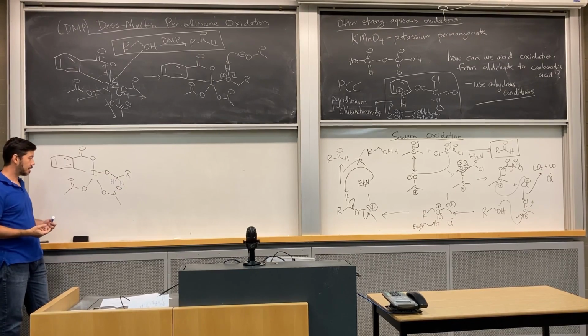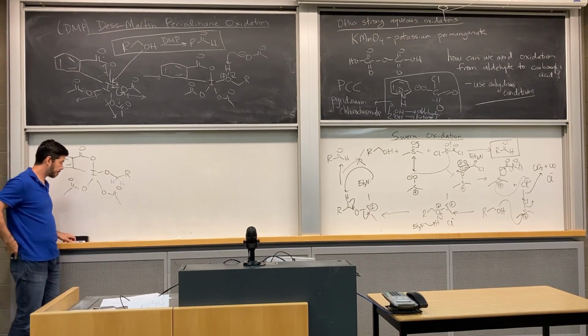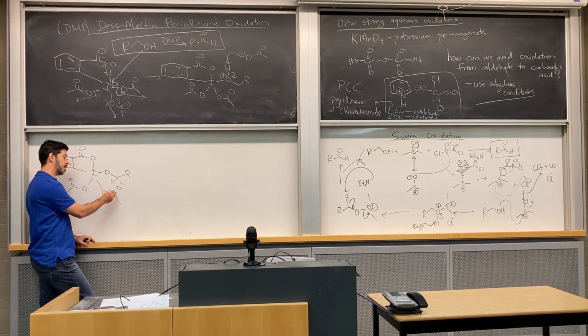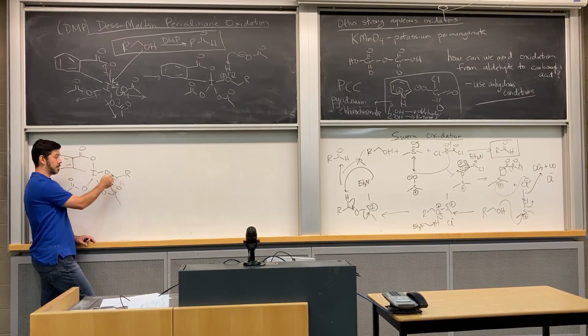Basically, what you can think of is that you have this double bond here, which could come pick up that proton, right? If it picks up that proton, it forms a double bond there. That's the beginning of how that aldehyde's formed.